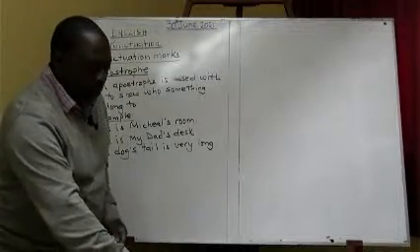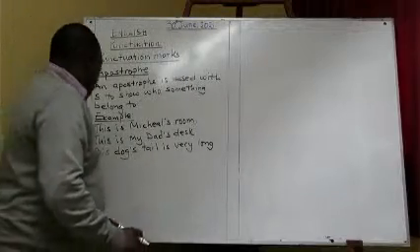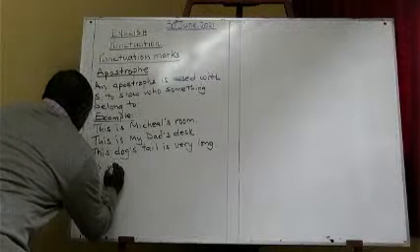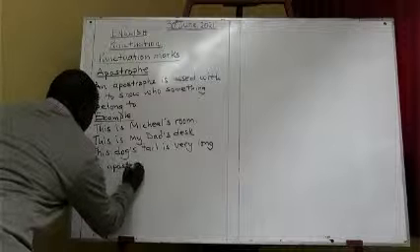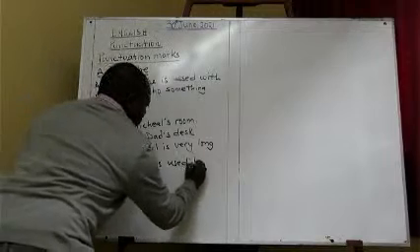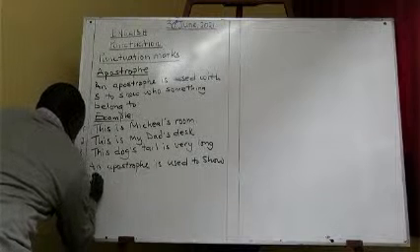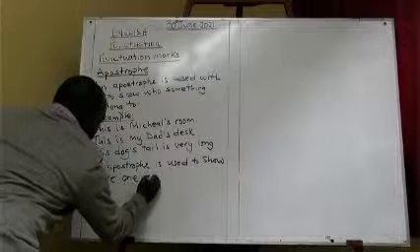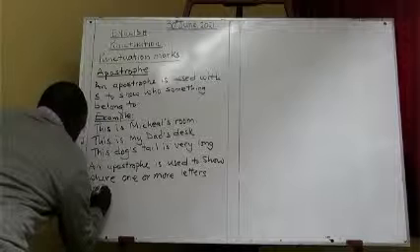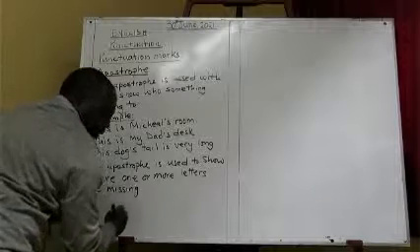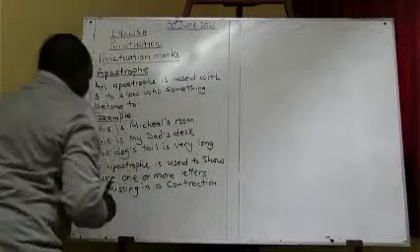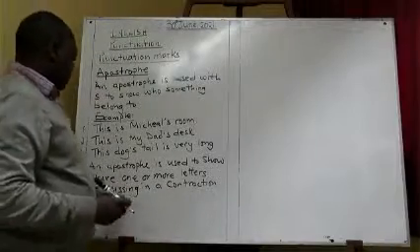So I will just write here: an apostrophe is used to show where one or more letters are missing in a construction.